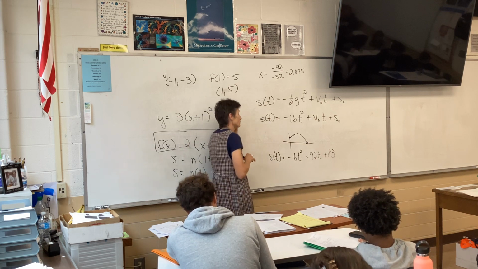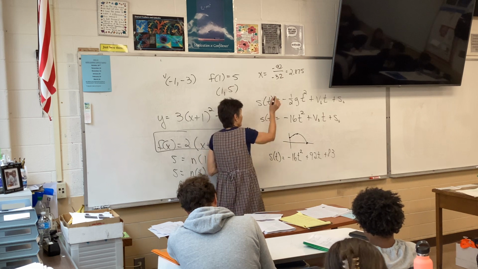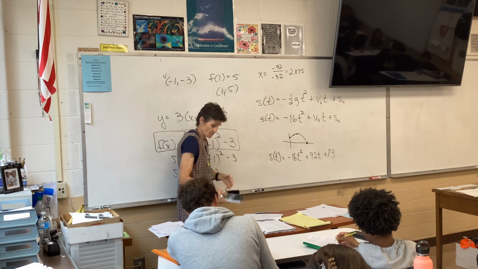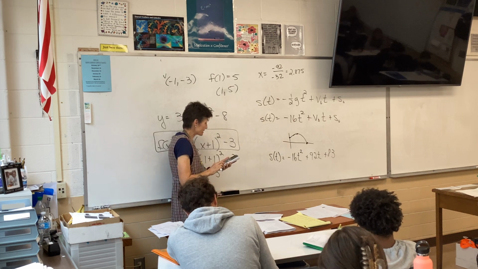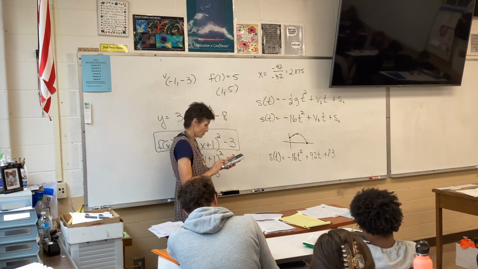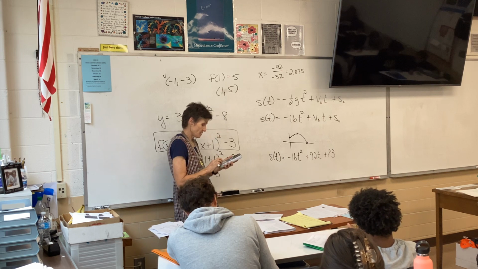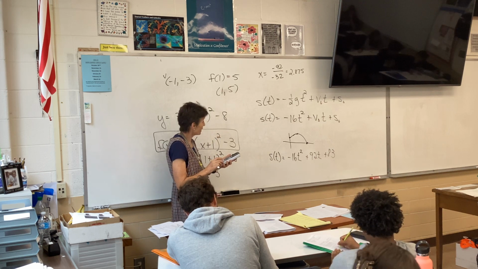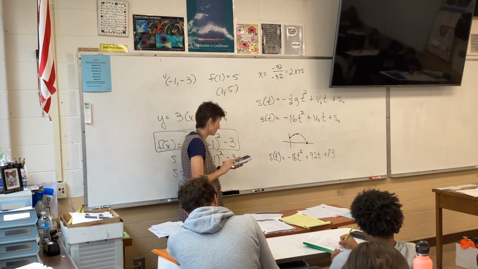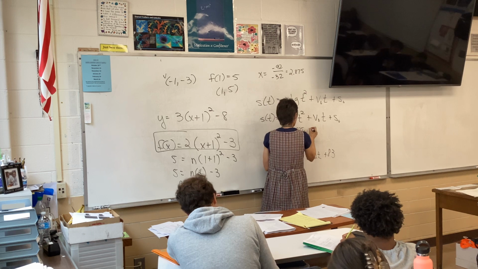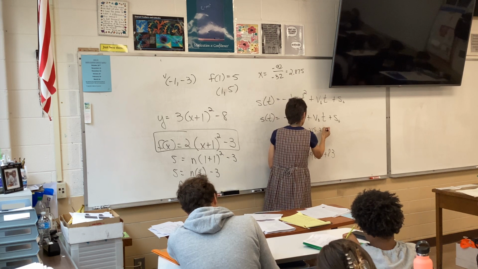So what are we gonna have to do? Plug that into here. So, negative 16 times 2.875 squared plus 92 times 2.875 plus 83. I got 215.25 feet.